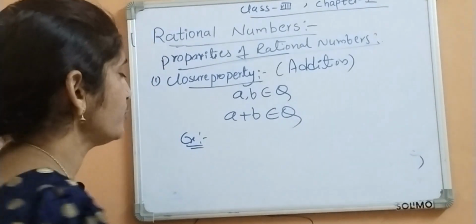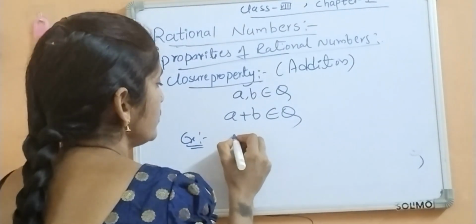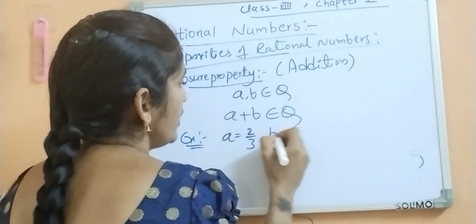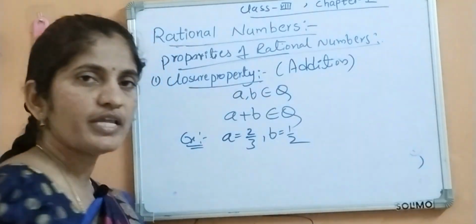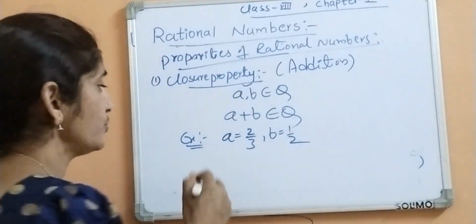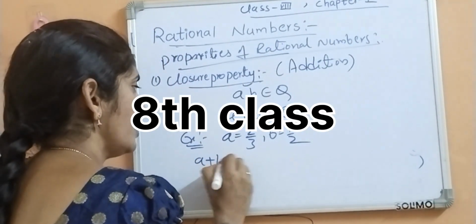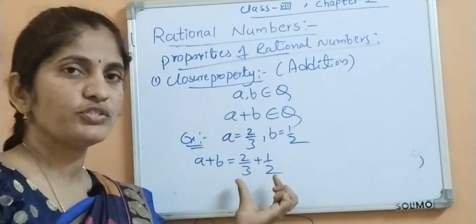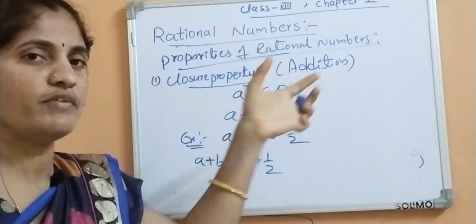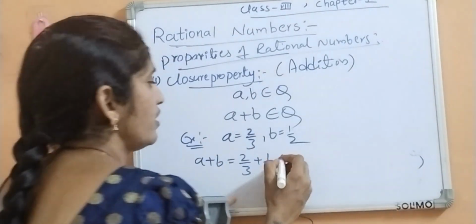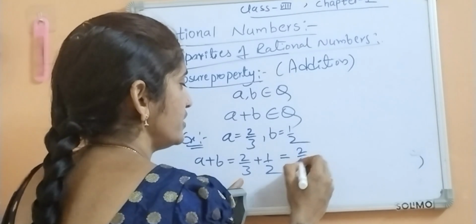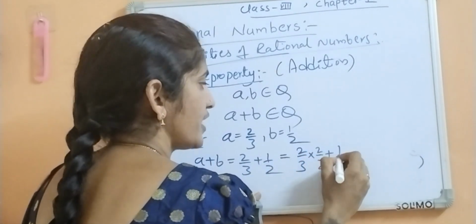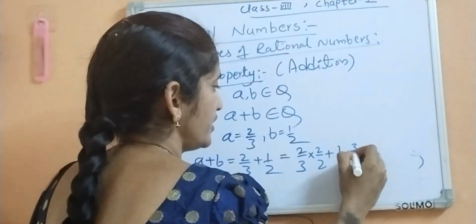So let us check fractional numbers: take a equal to 2 by 3, b equal to 1 by 2. a plus b equals 2 by 3 plus 1 by 2. These are unlike fractions, so I am going to convert them to like fractions, multiplying the first fraction with the second denominator and the second fraction with the first denominator.